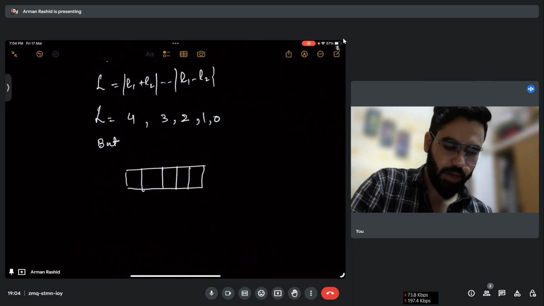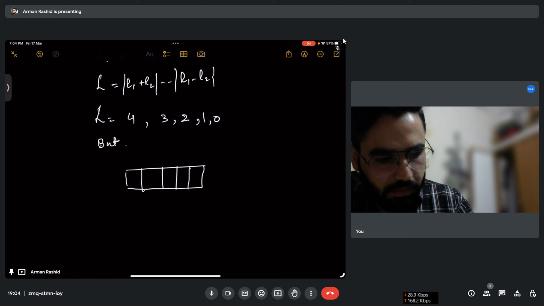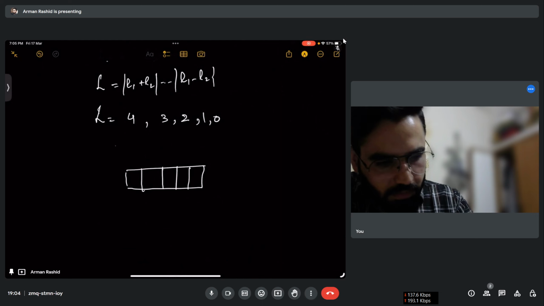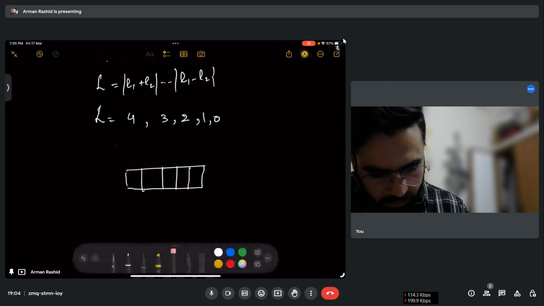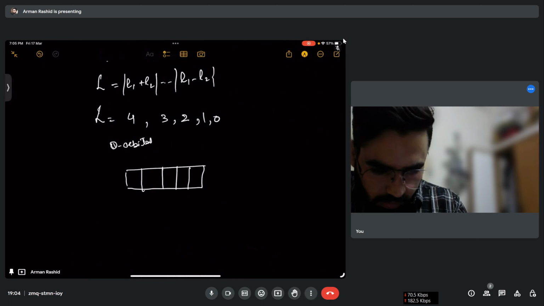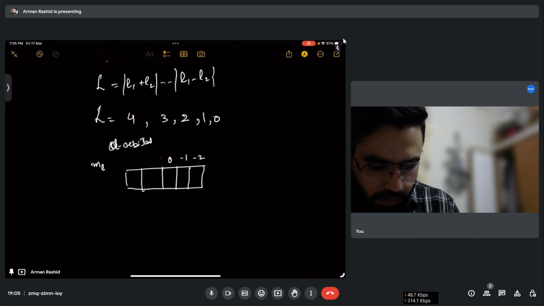For the d orbital, we can write the ml values: this is 0, this is minus 1, minus 2, plus 1, plus 2.